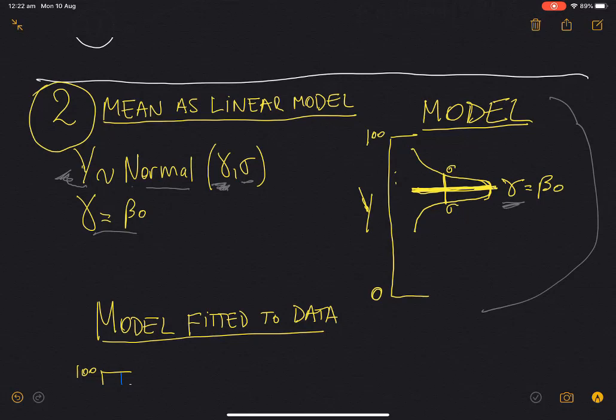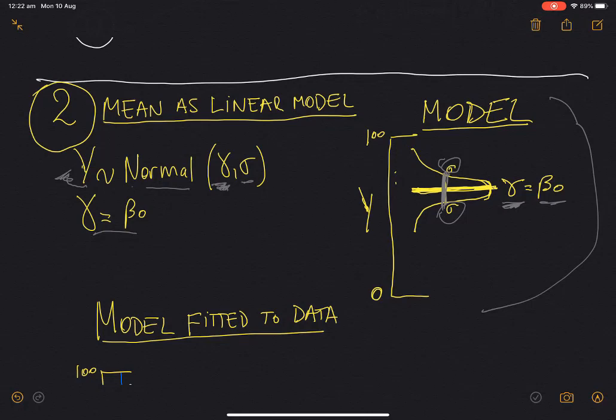Okay, so for this normal distribution, the mean of that distribution is gamma or beta 0, and the standard deviation is represented here by the variability of the distribution. So the wider this segment is, the larger the value of sigma.